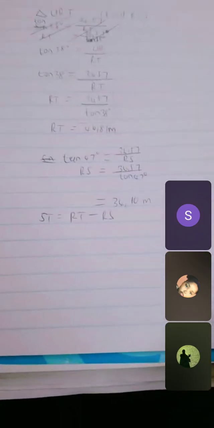So we want the balance, the distance between S and T. So what we do is we say ST is equal to RT minus RS, okay?